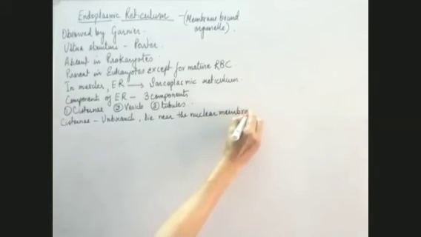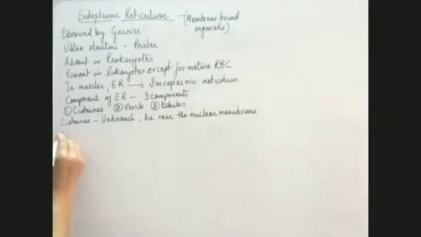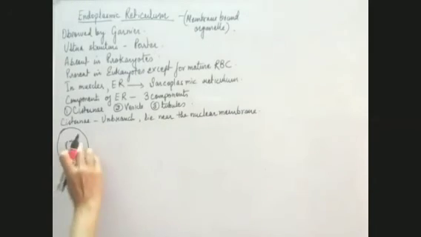Why do they lie near the nuclear membrane? Because they are formed from the nuclear membrane. If this is a cell, this is the nucleus of the cell. You know, the nuclear membrane is double walled. Nuclear pore is also there. It is formed by protrusion of the nuclear membrane.